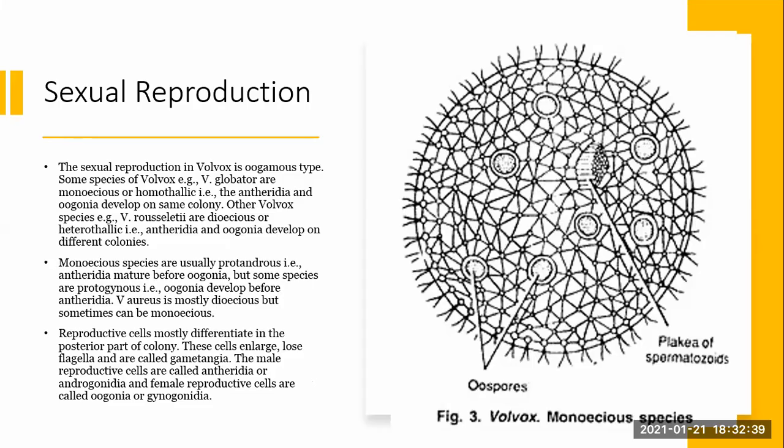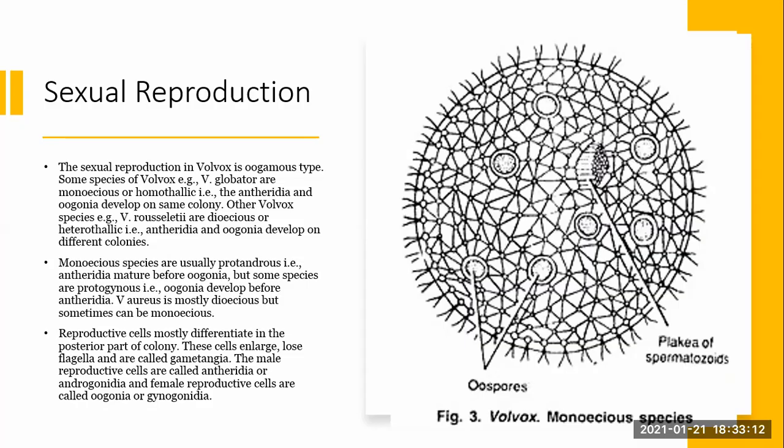Other Volvox species, for example Volvox rousseletii, are dioecious or heterothallic in nature, that is, antheridia and oogonia develop on different colonies. Monoecious species are usually protandrous, that is, antheridia mature before oogonia, but some species are protogynous, that is, oogonia develop before antheridia.